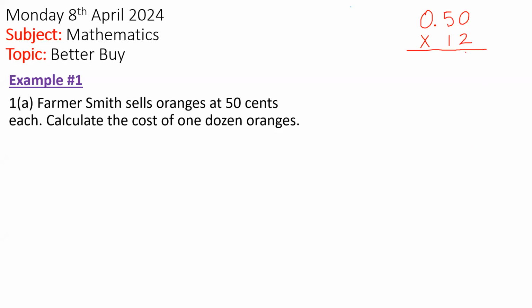Very good. 2 times 0 is 0. 2 times 5 is what? 10. Put the 0 down. Put the 1 up. 2 times 0 is 0. Plus 1 is 1.